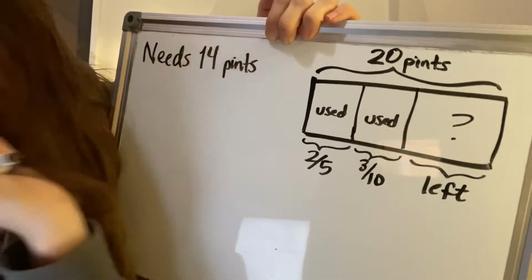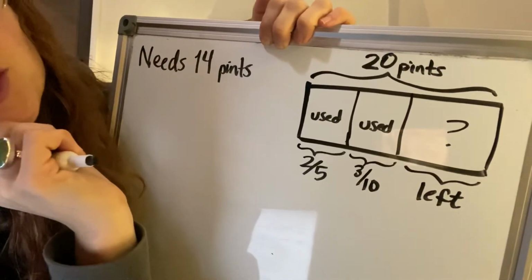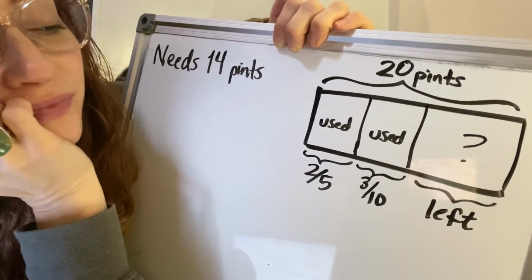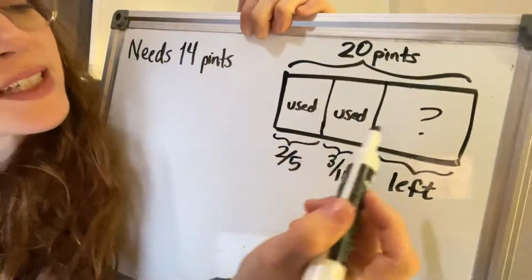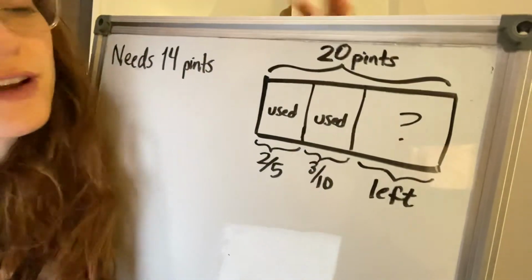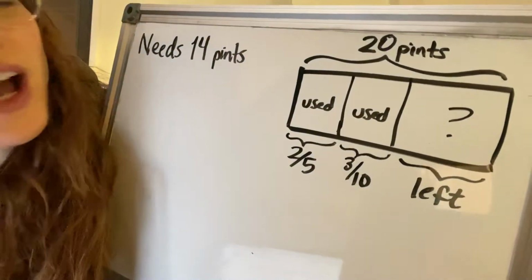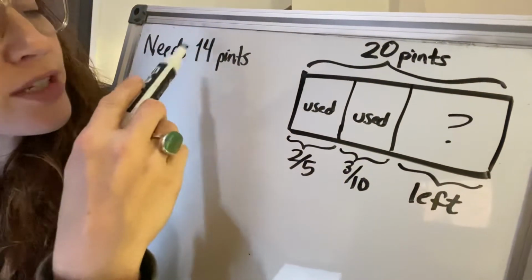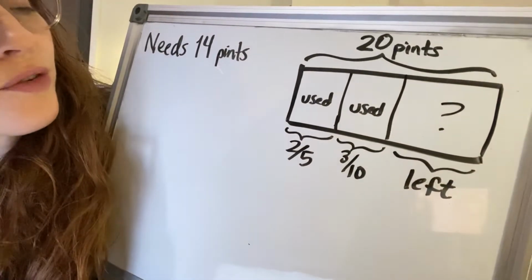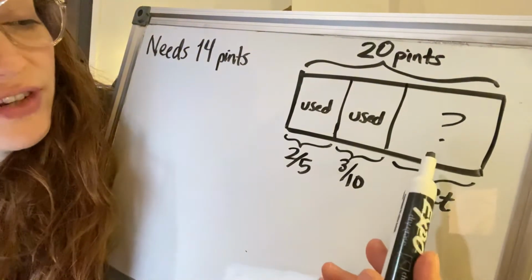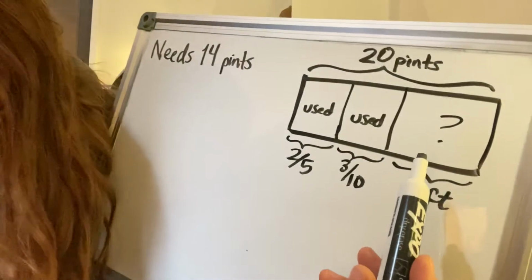If we need to know how much more paint she needs to get to 14, what information are we missing? Well, in order to even figure out how much more we need to have 14, we need to know how much we even have left. So let's figure out how much we have left.